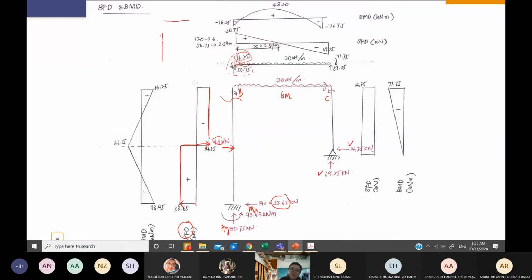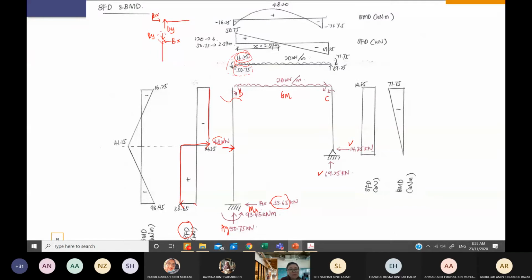For example, at B, there is something like that. You are going to have this. This would be by. This would be bx. We don't care about bx here because we just want to know the shear and also the bending moment. Therefore, by here is very important.